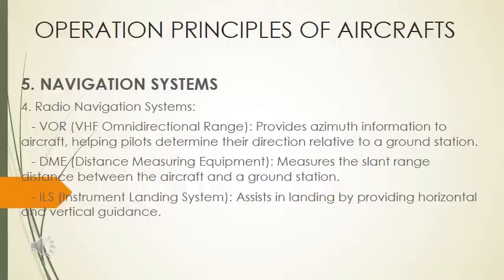It measures the slant range distance between the aircraft and a ground station. And then the ILS, instrument landing system. It assists in landing by providing horizontal and vertical guidance. So I'll talk about these three. They are radio navigation systems, the VOR, the DME, and the ILS.